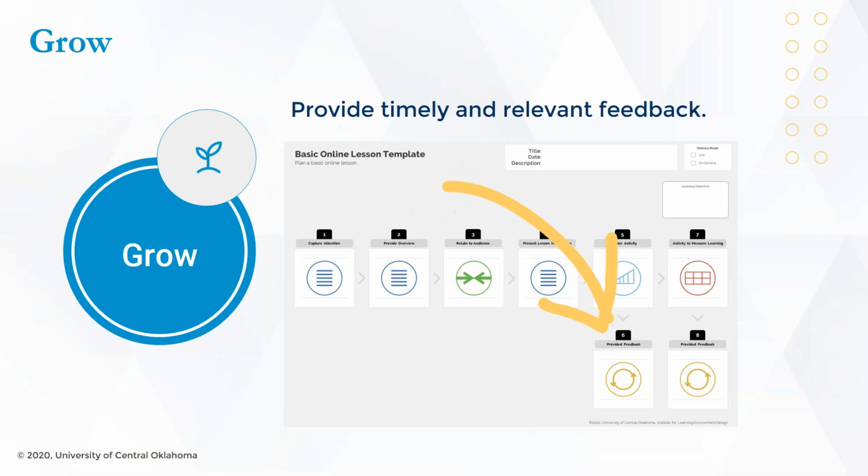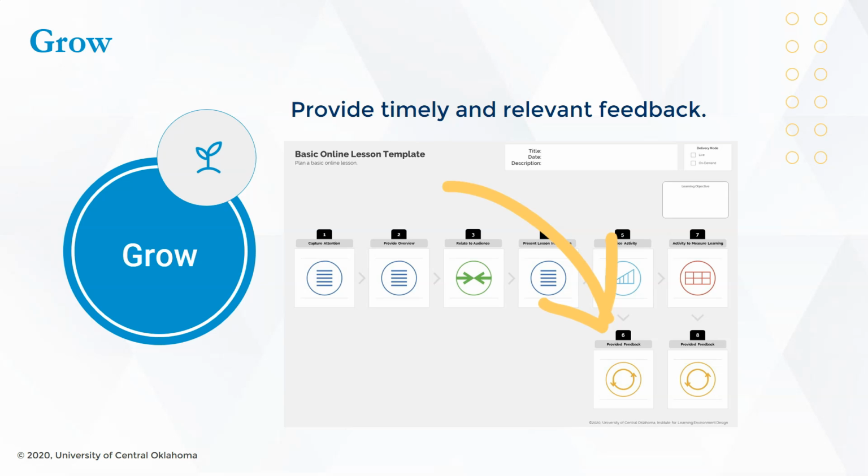And then the third phase of engagement here is really providing timely and relevant feedback. So we know that we want to set the learners up for success for the long term. And you'll notice in the template here that we have a couple of opportunities to provide feedback, both in a practice exercise, so people building their skills, they'll get feedback there, but also identifying and providing feedback for the activity to measure learning.